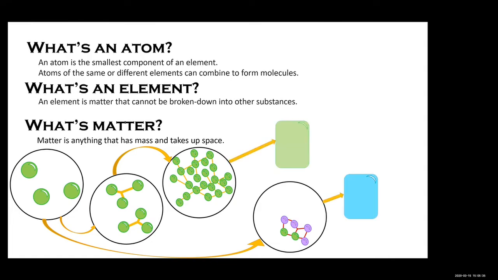But the difference is that when you put like elements together, the green square at the top is going to represent what we call a pure substance, which is just an element in its purest form. And then down here at the bottom, the blue, if you notice, is not purple or green. It's a totally different color. So that means you have a completely new substance formed by combining the atoms of 2 different elements. Now you can combine more than 2, but we just simplified as 2.